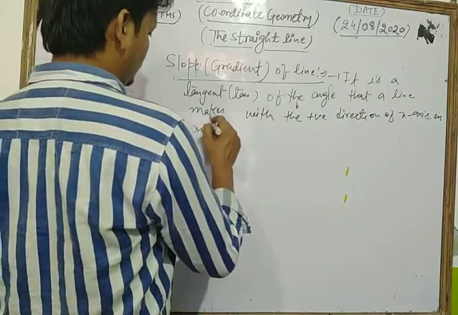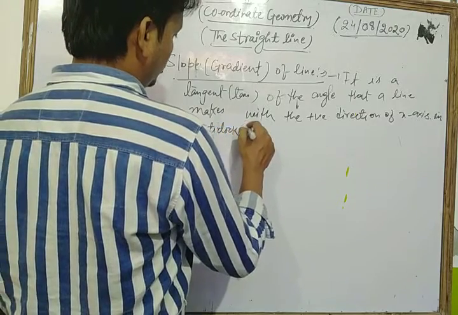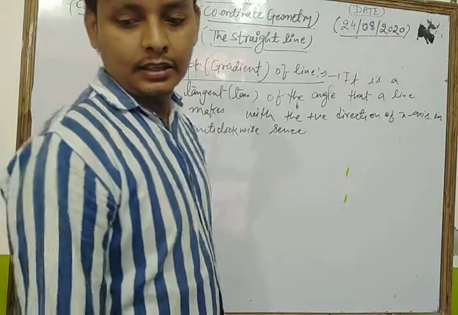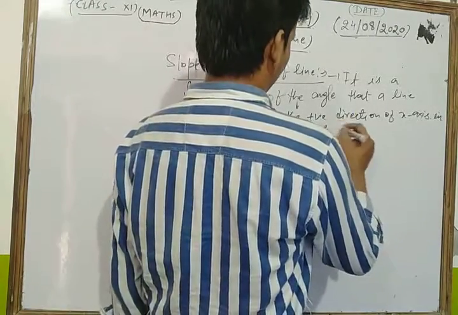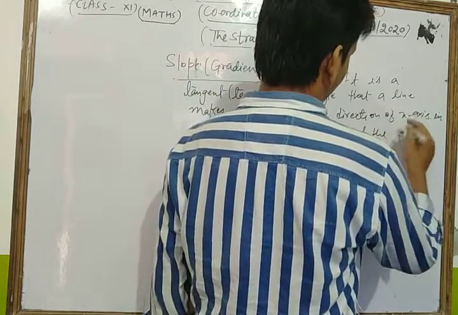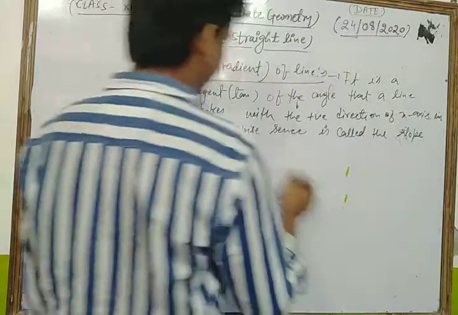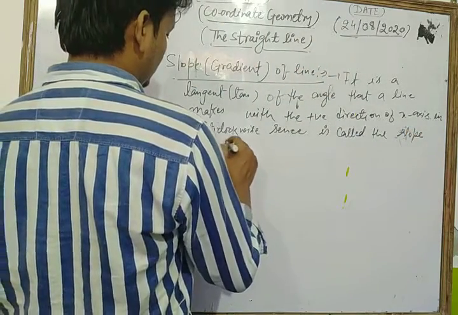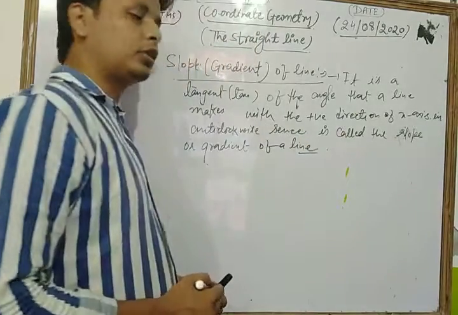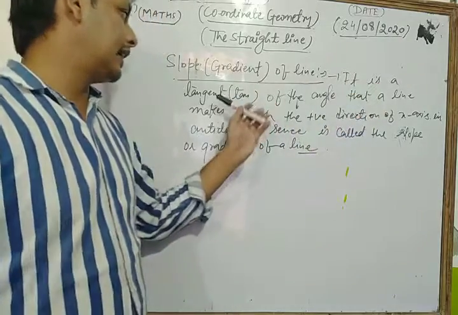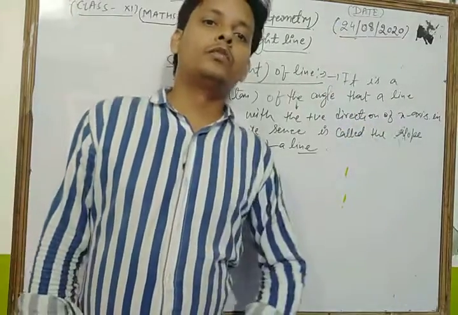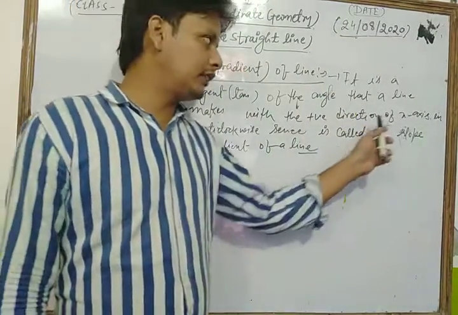This is called the slope or gradient of a line. This is very important for you. Let's see once more: it is the tangent of the angle that a line makes with the positive direction of the x-axis.